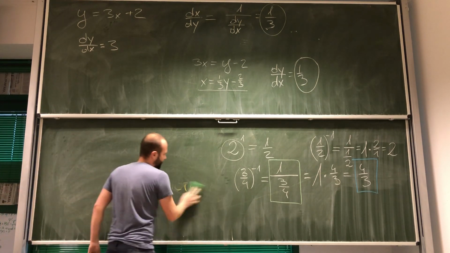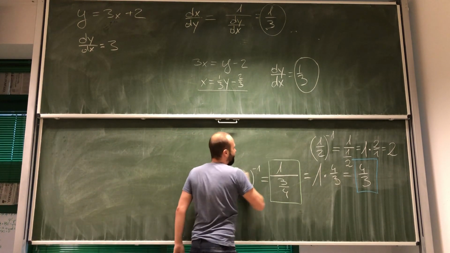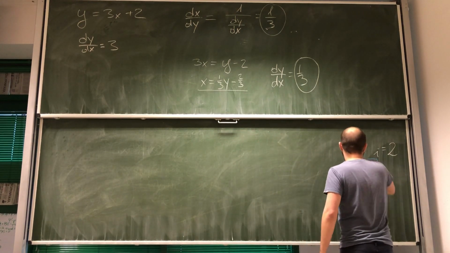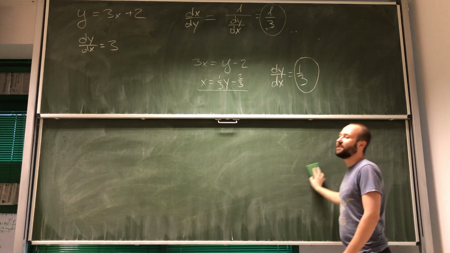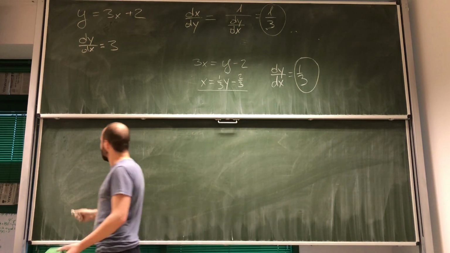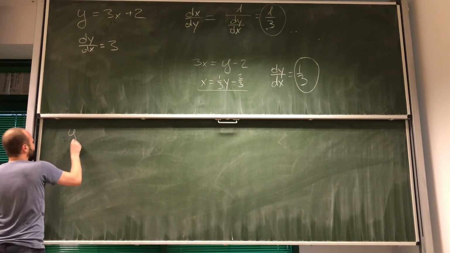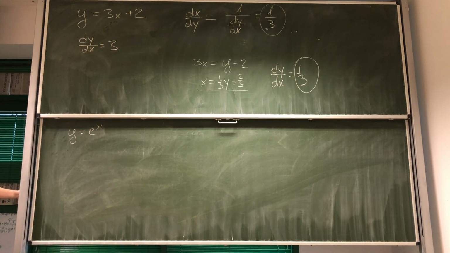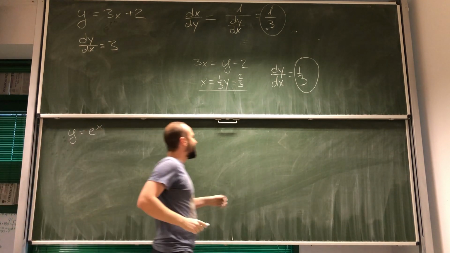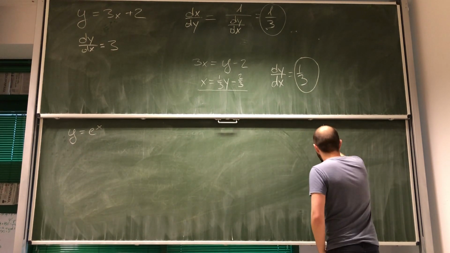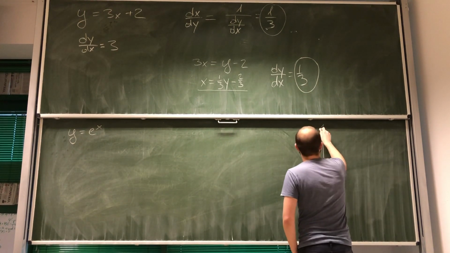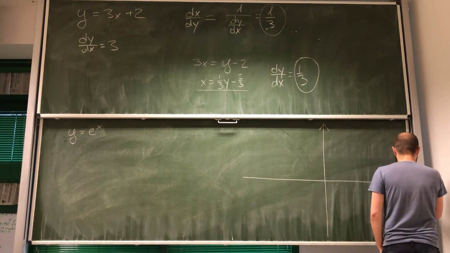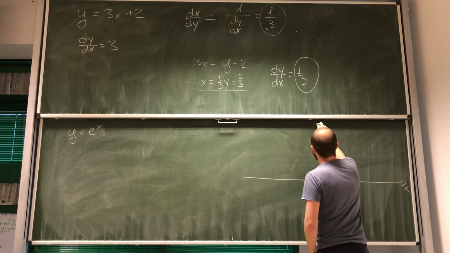We said that the function e to the power of x has an inverse function. How does y equals e to the power of x look like? Well, we established a long time ago that this function looks like this.